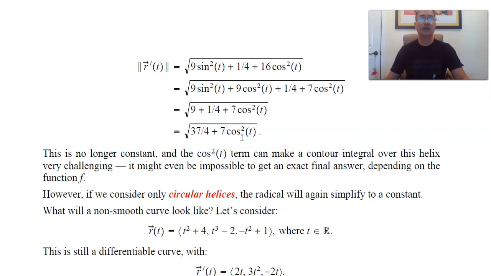So for now, we are going to ignore elliptic helices when we look at the contour integral of a scalar function. When we do contour integrals for vector fields, coming soon in a couple of videos, then we can bring them back, because something nice is going to happen.